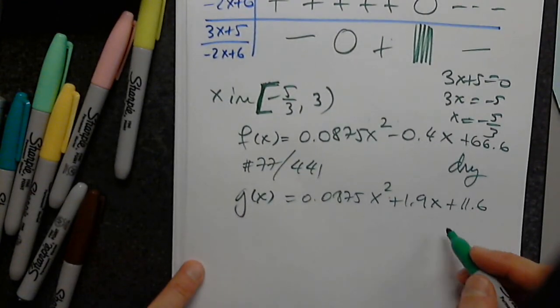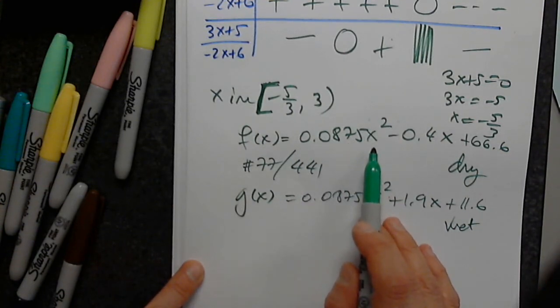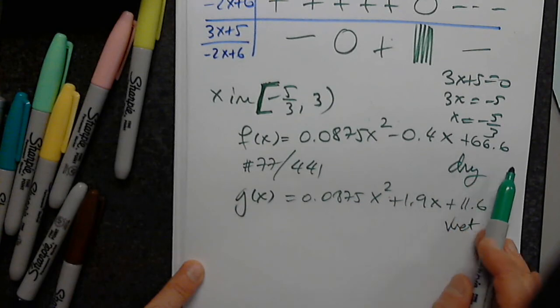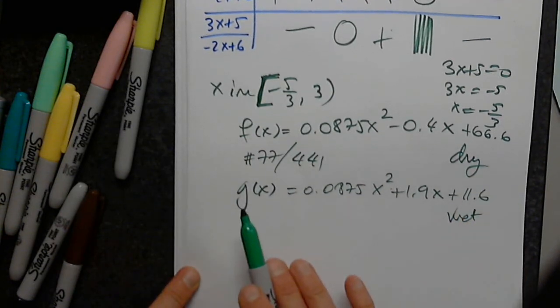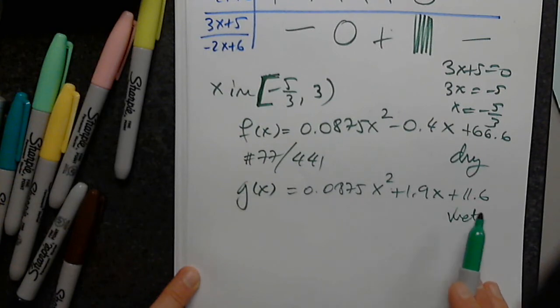Sorry, forgive me. So this is 0.0875x squared minus 0.4x plus 66.6, and this one is 0.0875x squared plus 1.9x plus 11.6.